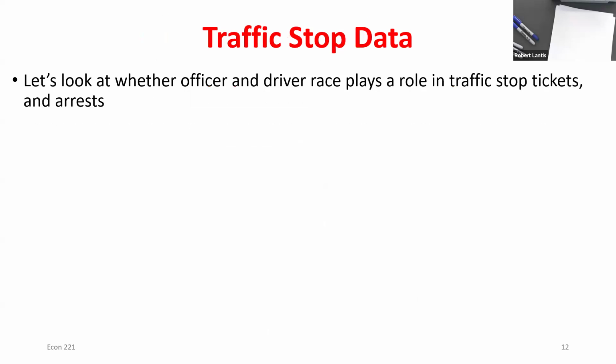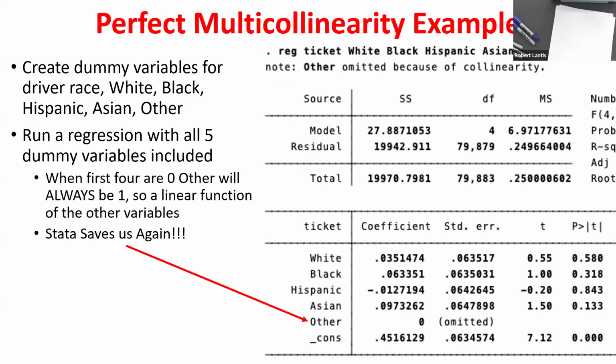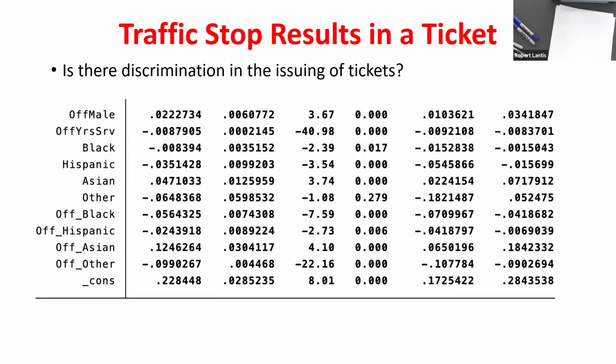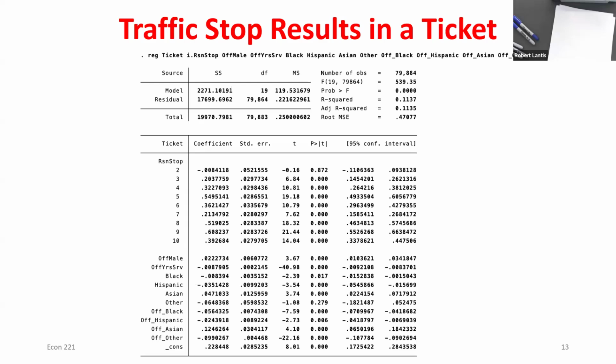So when we run these initial regressions, it might look like race is having a pretty big impact on whether or not you're issued a ticket. But when I control for all of these other things, here I've got the gender of the officer, officer's years of service, officer race dummy variables, driver race dummy variables, and the result of the stop. Remember last class I showed you, if you have a categorical variable, as long as it's assigned a number, we could use that encode command.